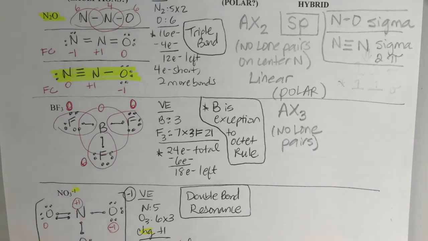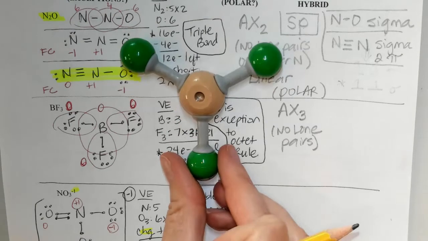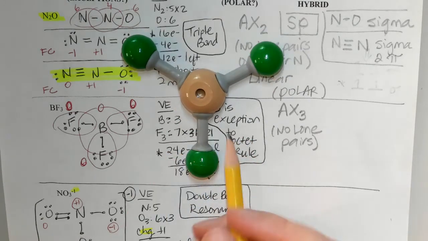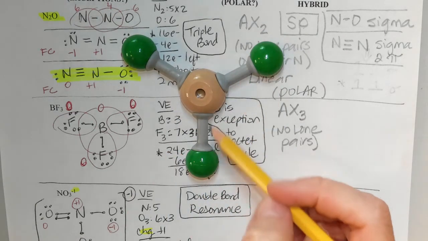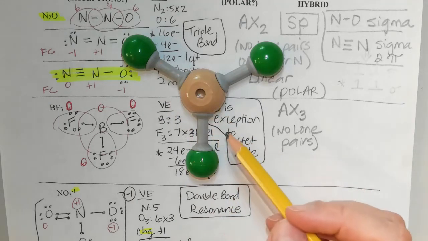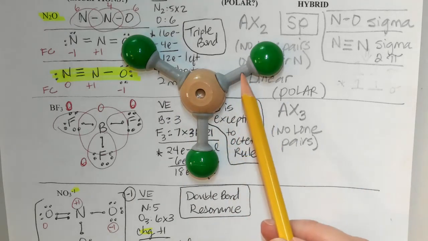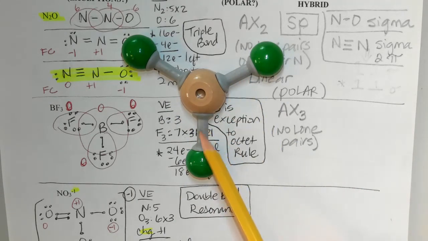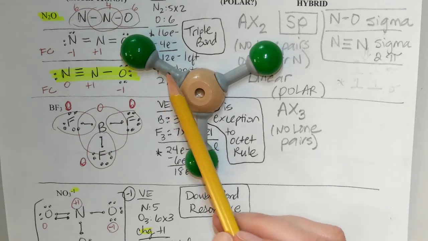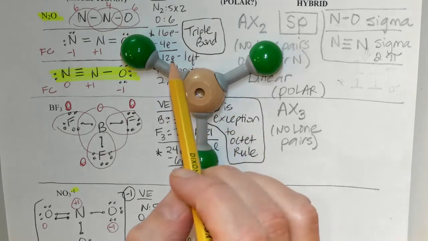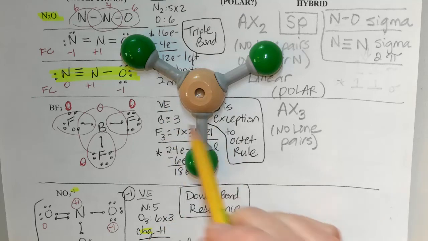So no E. Now in this case, the idea is that I have each of these fluorines sort of max distance away from each other, because this bonding pair repels against this bonding pair, which repels against this bonding pair. So they want to maximize the space between them.